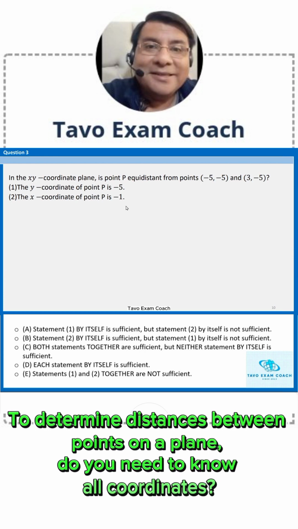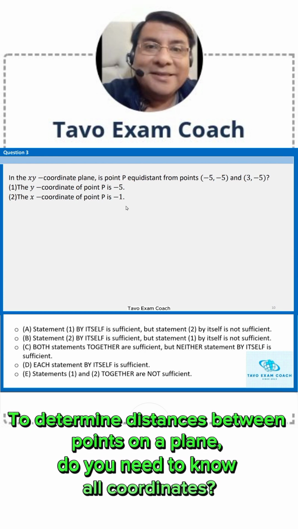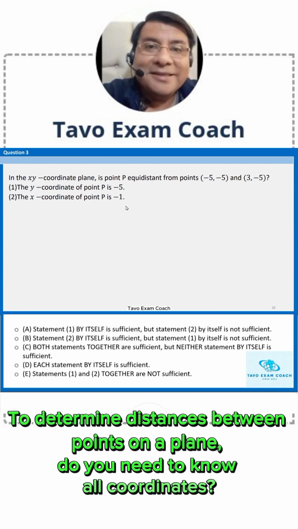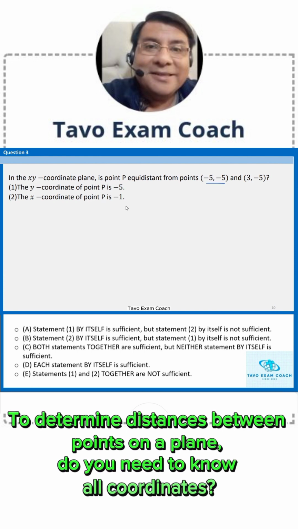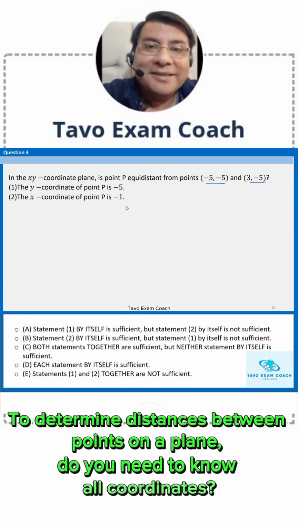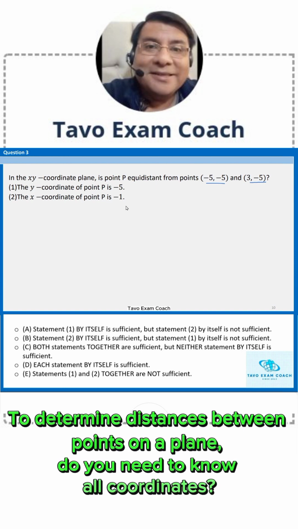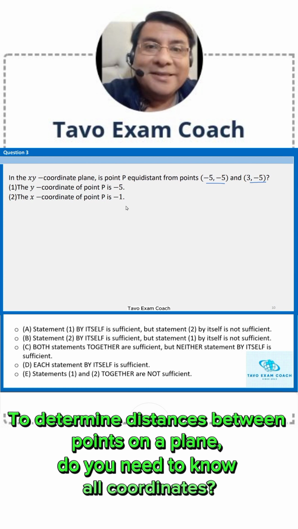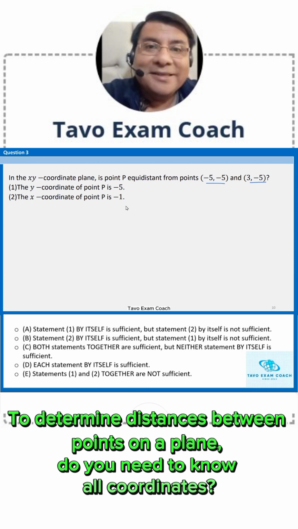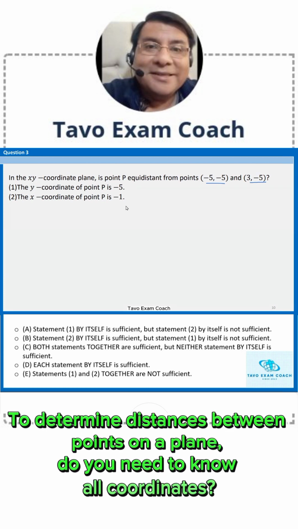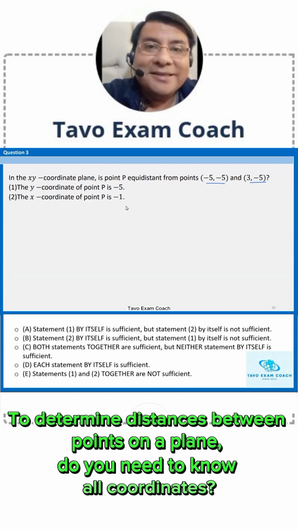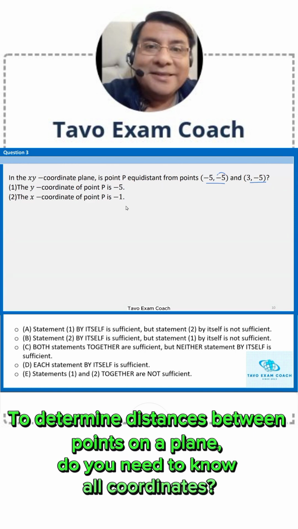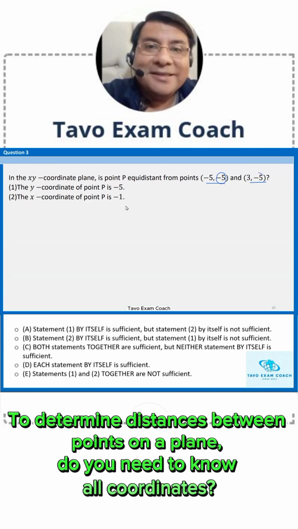To find whether point P is equidistant, or at the same distance, from points (-5, -5) and (3, -5) actually means that we need to know exactly where the point is located horizontally. Why? Because these 2 points have exactly the same vertical position.